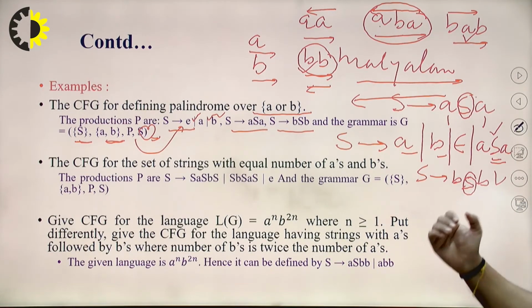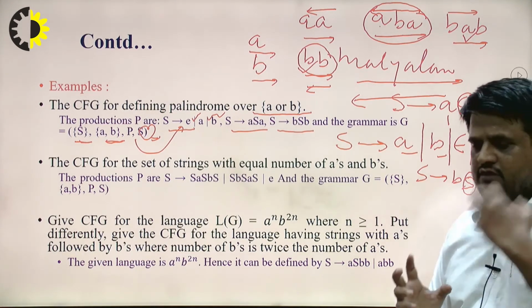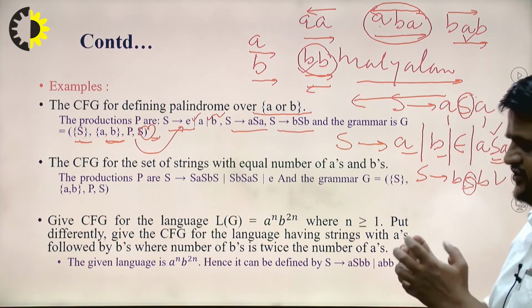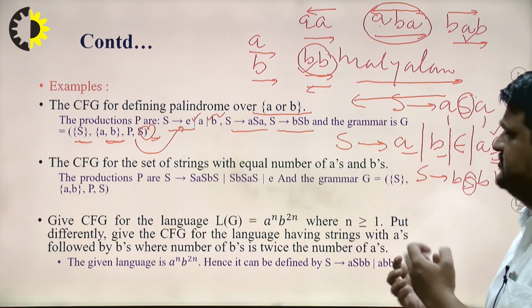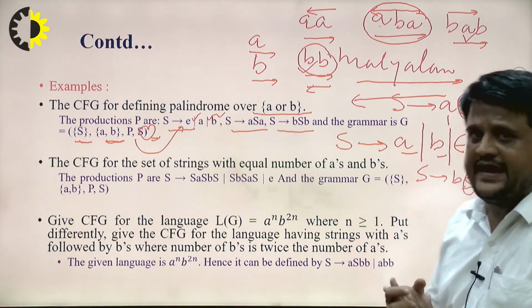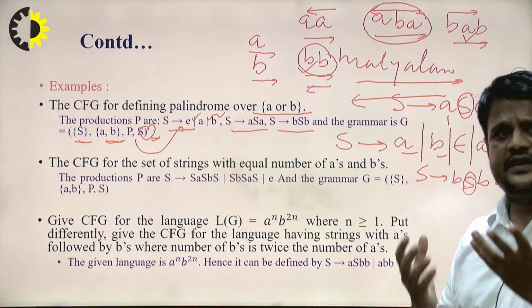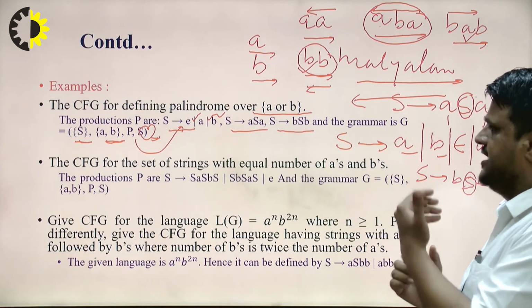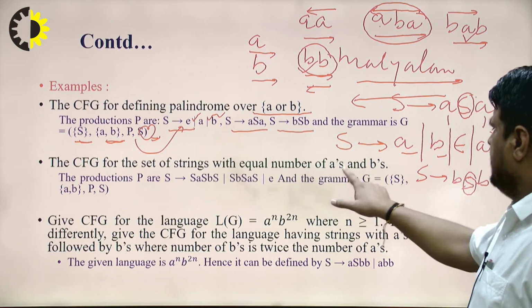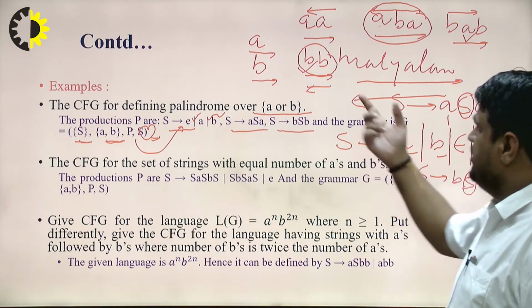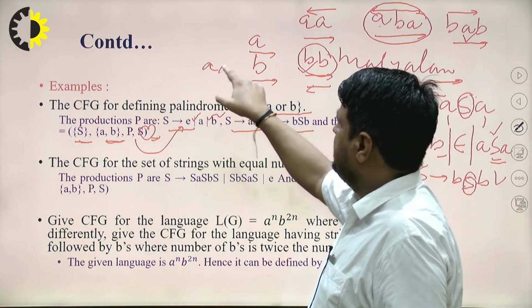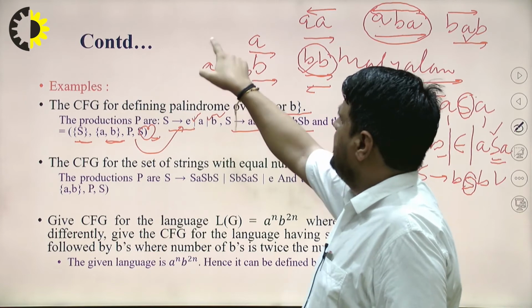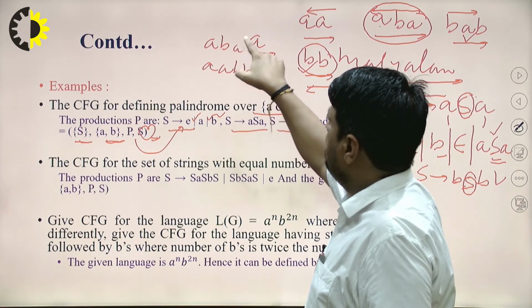That example tells us you have to write down the context free grammar which generates strings with an equal number of A's and B's. So how can we write down the context free grammar for that? With an equal number of A and B, strings will be of the form AA, BB, AB, AB, right?